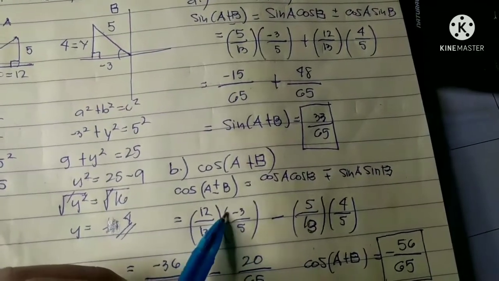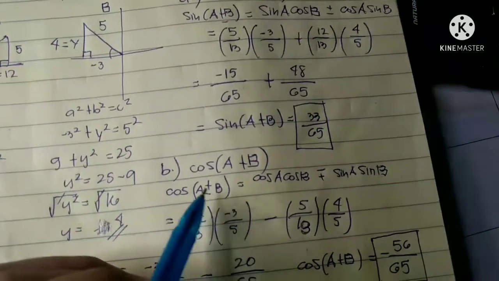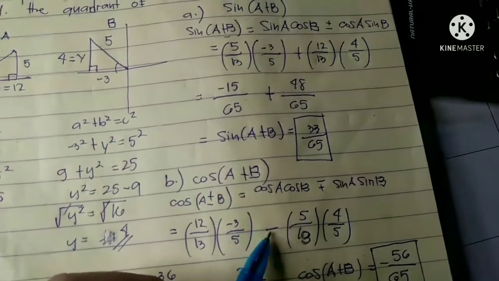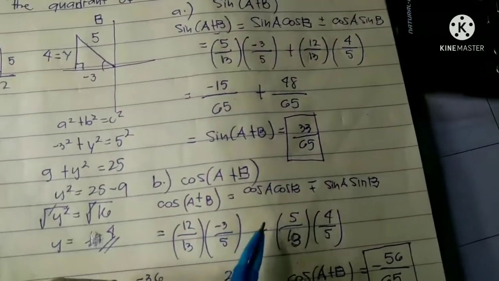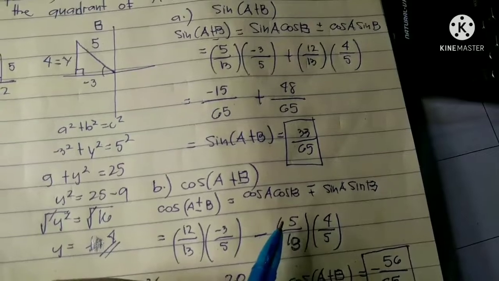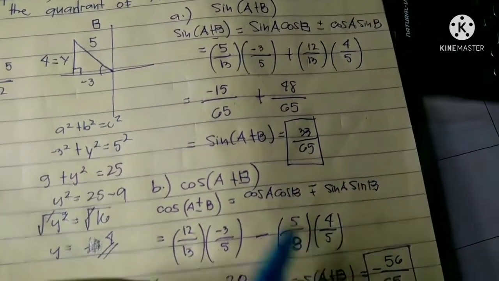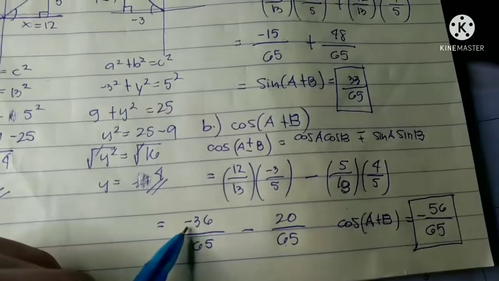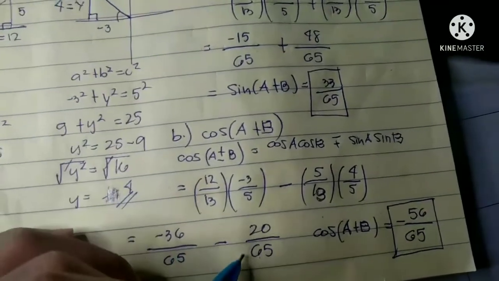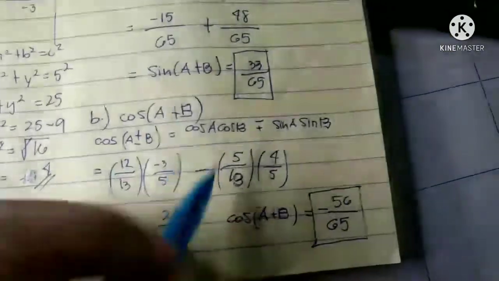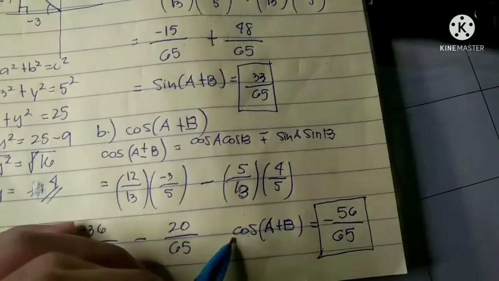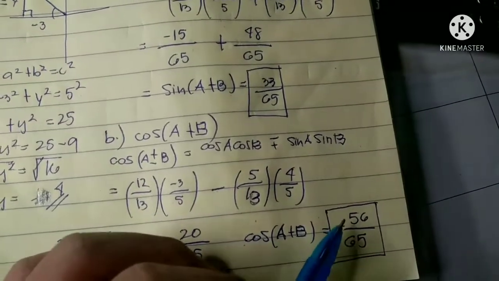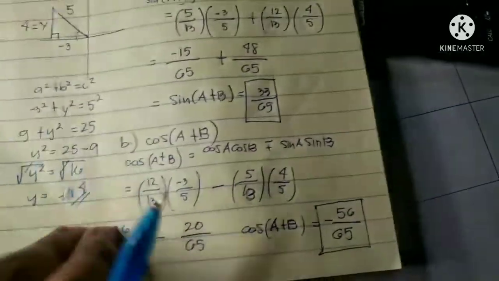Our cosine b is -3 over 5 minus, because it is plus here, so we need to subtract. So our sine a is 5 over 13. Our sine b is 4 over 5. Then we simplify. So we have here -36 over 65 minus 20 over 65. Then our cosine quantity a plus b is equal to -56 over 65.